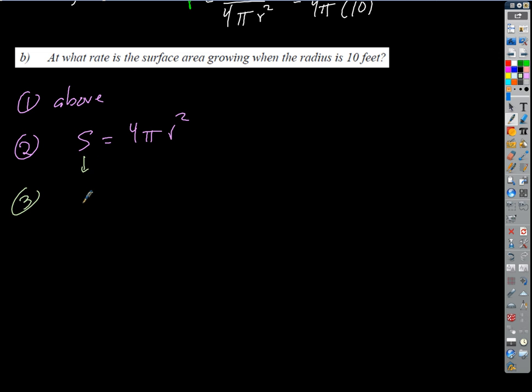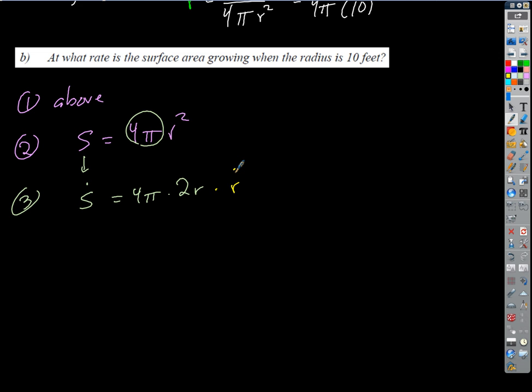S dot, right? Just ds dt, that's an easy one. On the right side, I've got this 4 pi that's a constant. So what's the derivative of r squared with respect to T going to be? It's 2 layers, right? Good. So I'm going to get the derivative of r squared is 2 r to the 1, right? Times the derivative of what's inside, which is my r dot.